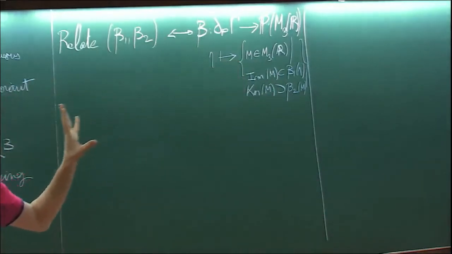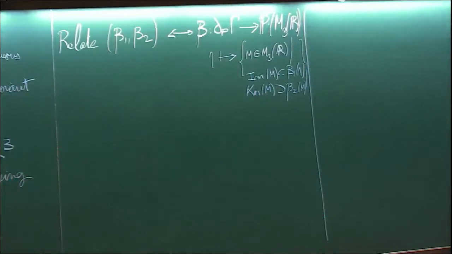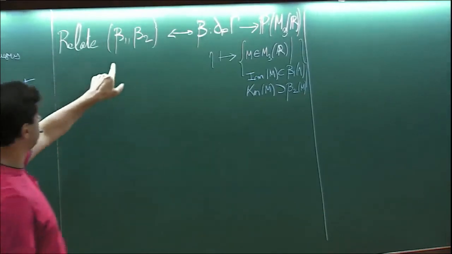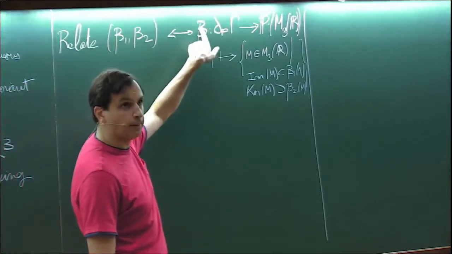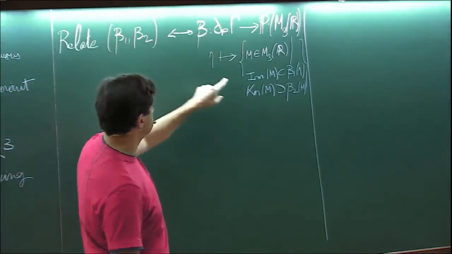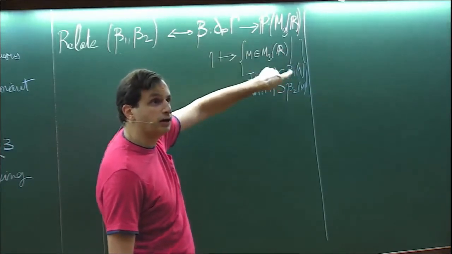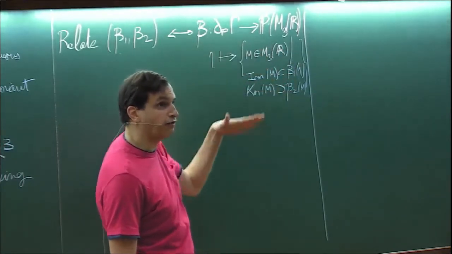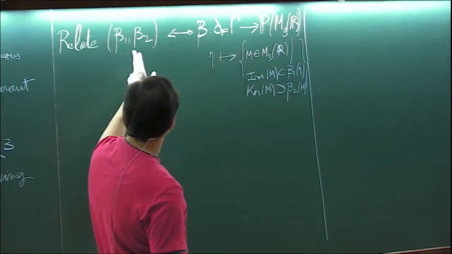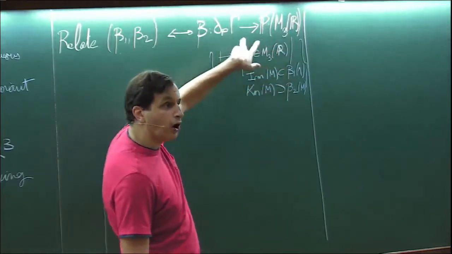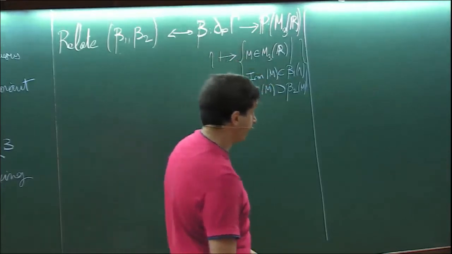And this is a one-dimensional subspace, and this establishes how to prove that this is Anosov. And you can also find beta 1 and beta 2 in terms of beta. So beta 1 is the common image of all the matrices that you have in this line of matrices. And beta 2 is the common kernel of all the matrices that you have here.